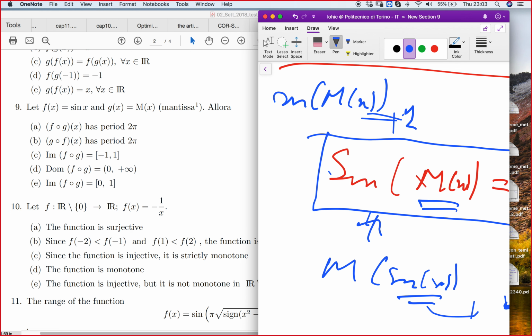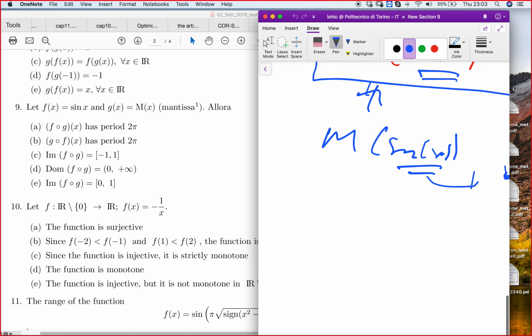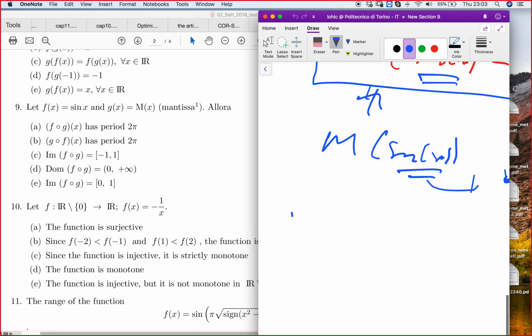Yes or not? And g of f of x has period 2 pi. Yes, because if you do mantissa of sine of x, then the period for you is 2 pi, by the way, right? So B is correct.